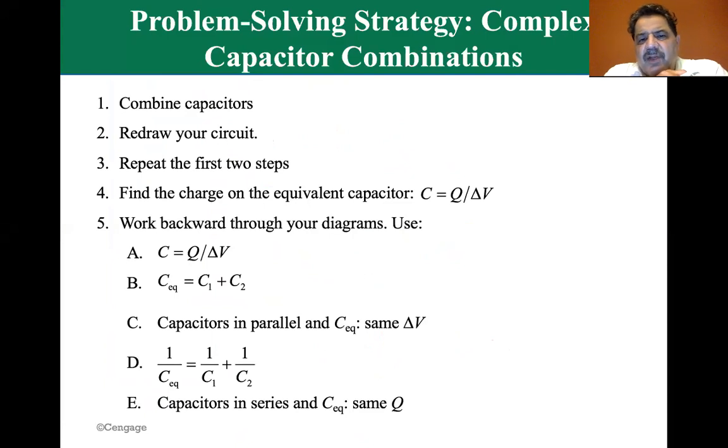Find the charge on the equivalent capacitor, C equals Q over delta V, and then work backward through your diagrams using C equals Q over delta V. C equivalent equals C1 plus C2 for capacitors in parallel, with the same delta V. 1 over C equivalent is equal to 1 over C1 plus 1 over C2, or use the little formula that I gave you, C1 C2 divided by C1 plus C2.